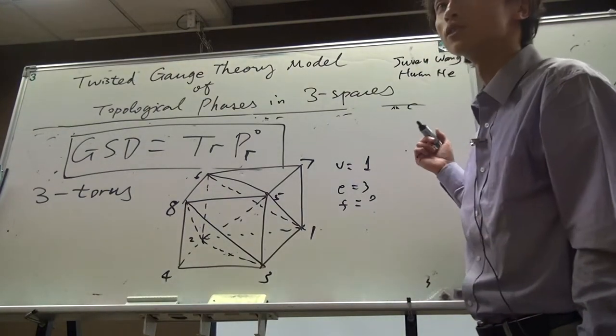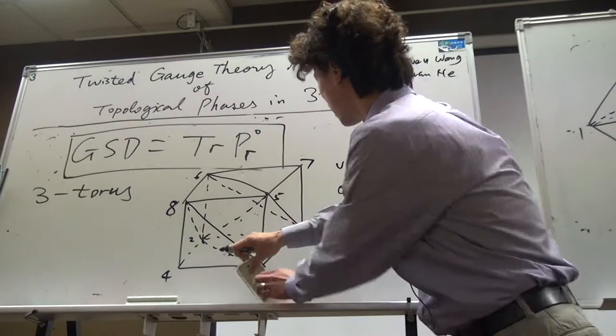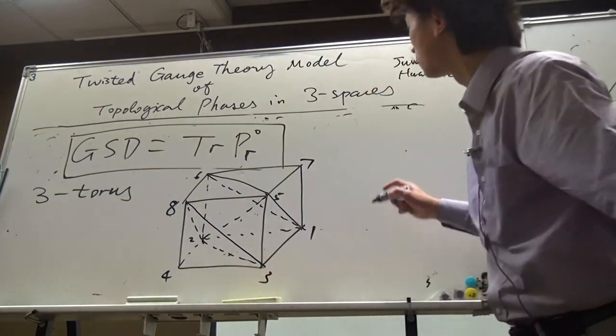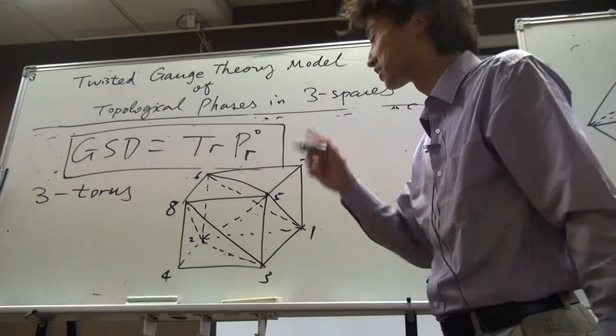Okay, let's forget about it, worry about it later. But the most important thing is that there will be 3 edges and 1 vertex.